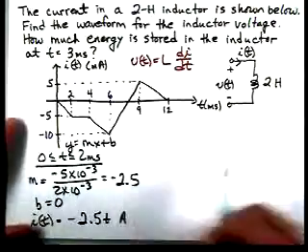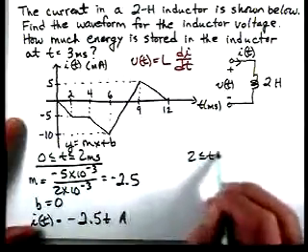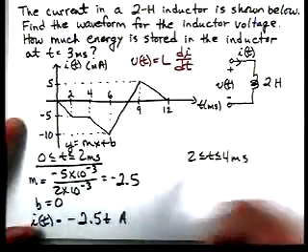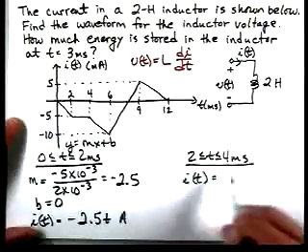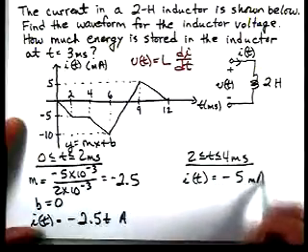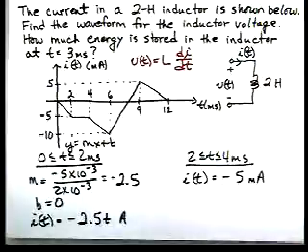Now, over the interval from 2 to 4, the current's just a constant at minus 5 milliamps. Now, over the interval from 4 to 6, again we have a straight line.